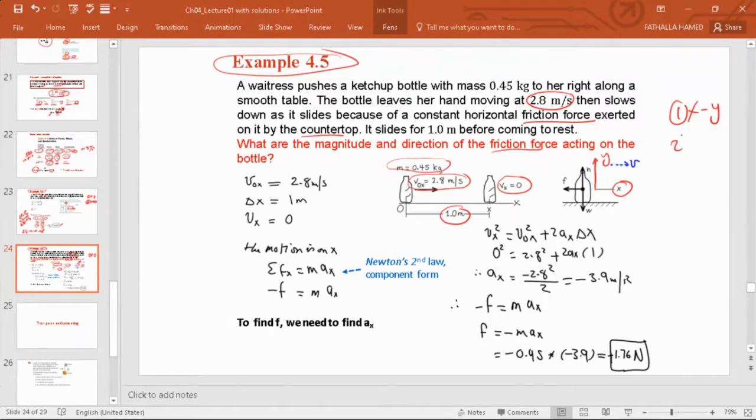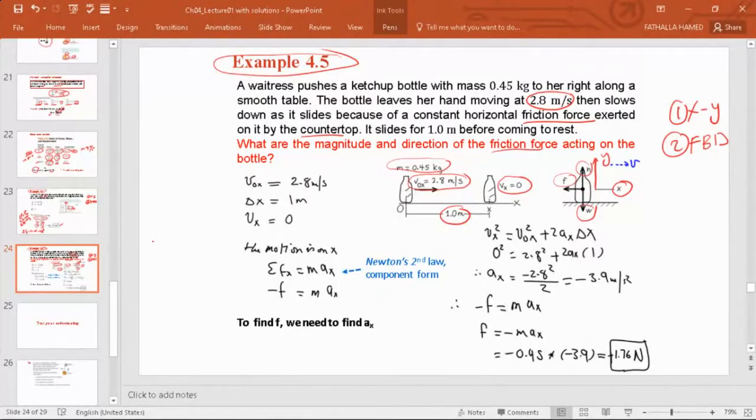I do my free body diagram, and it tells me that I have the weight, which is always acting toward the center of the earth, perpendicular to the surface of the earth, the normal force, which is perpendicular, in this case, to the surface of the table, and there is a friction, which is opposing the motion, and we took all of these from the center of the mass.